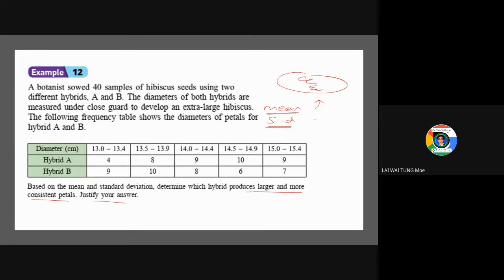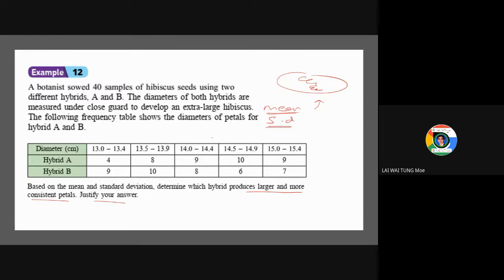The smaller the standard deviation, the more consistent the data. If the standard deviation is larger, then it is less consistent. So this is how we analyze, explain or justify your answer using mean and standard deviation.